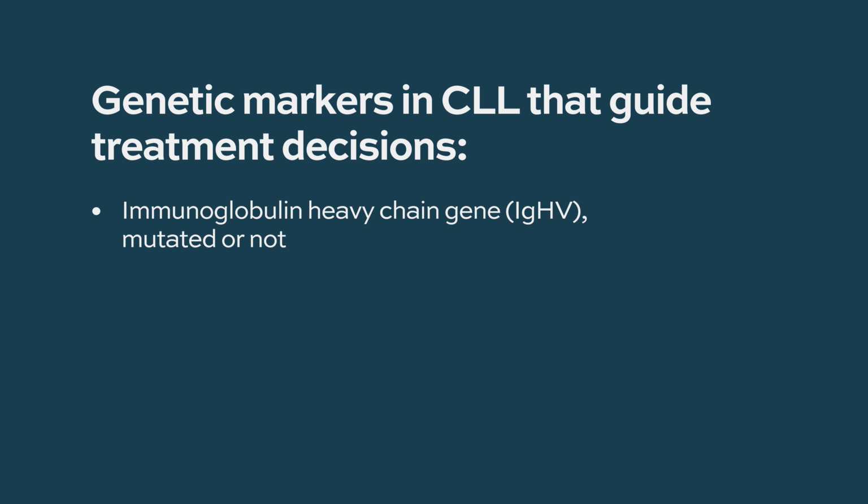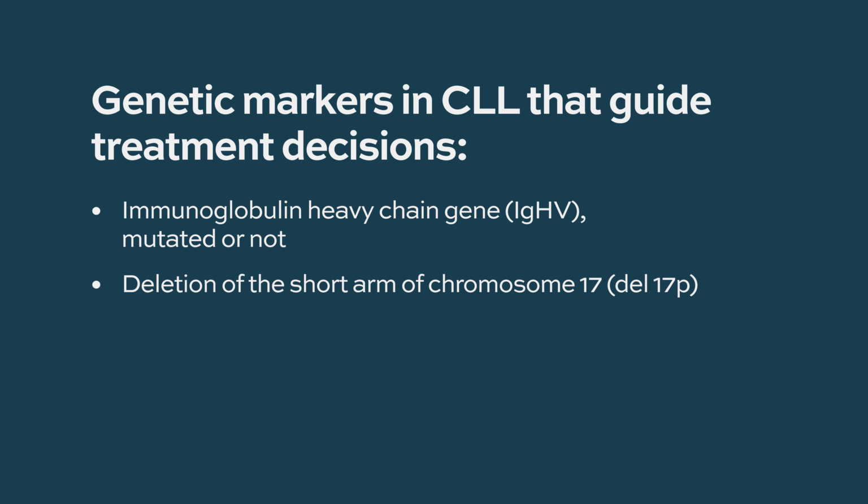And then there are specific gene mutations or changes in chromosomes, like deletions in certain parts of chromosomes or mutations in certain genes. So deletion of the short arm of chromosome 17, the 17p deletion, or the mutation in the gene TP53. Those are some of the important mutations that guide us on what to expect from the disease.